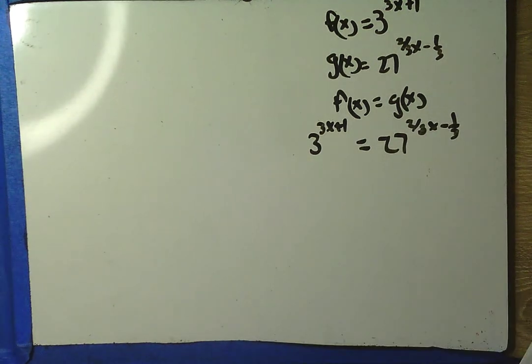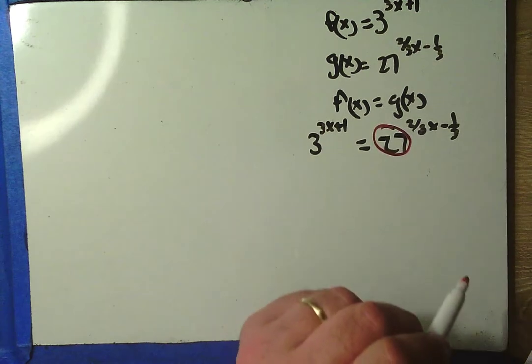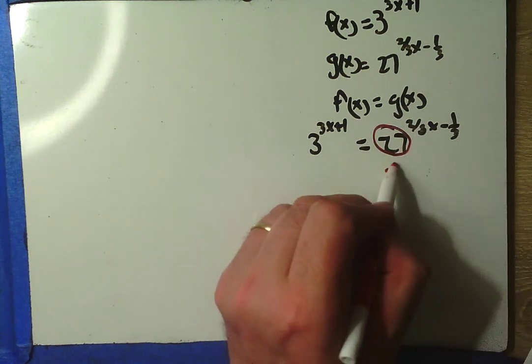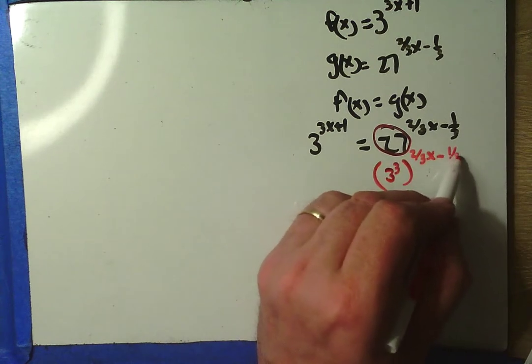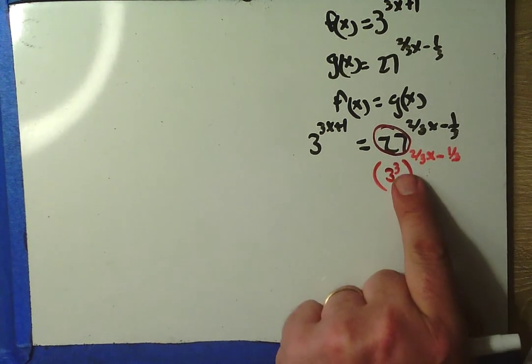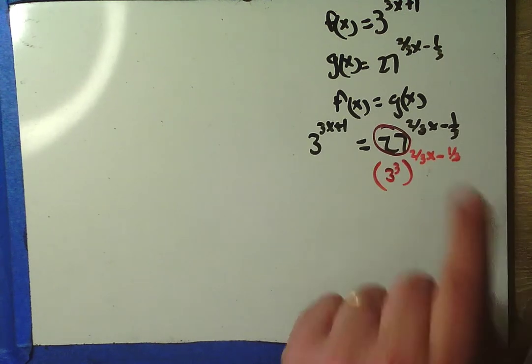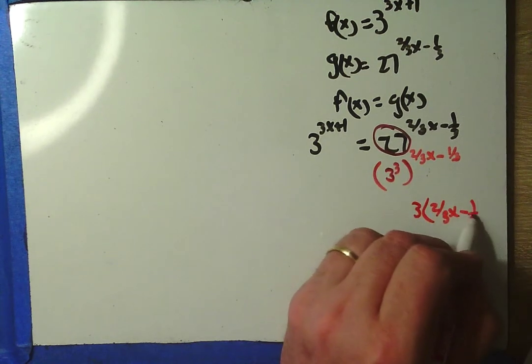Now, what they'd like us to do is not graph this on the graphing calculator. Instead, they'd like us to rewrite the base like we did in our Algebra Basics unit. So this is 3 to the 3rd, raised to the (2/3 x minus 1/3). And what happens when I raise a power to a power? Well, I multiply those powers. 3 times (2/3 x minus 1/3).